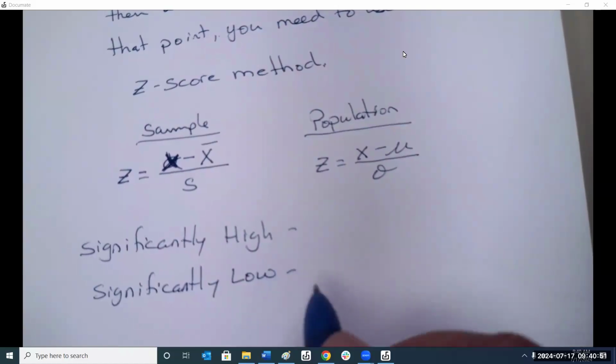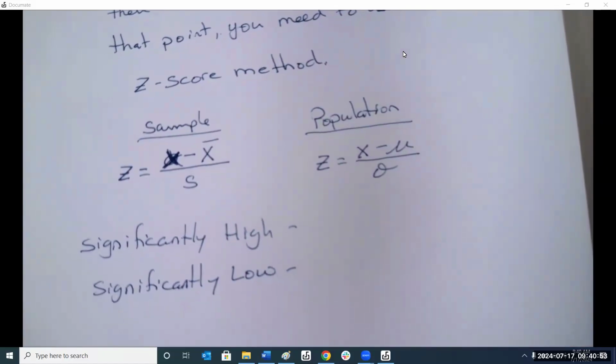When is it significantly high? Look at your notes again.